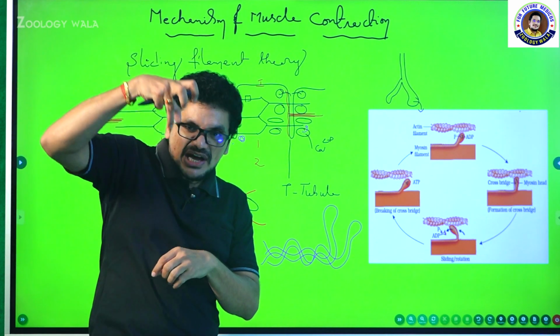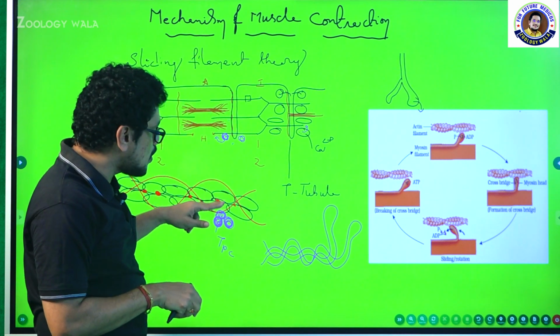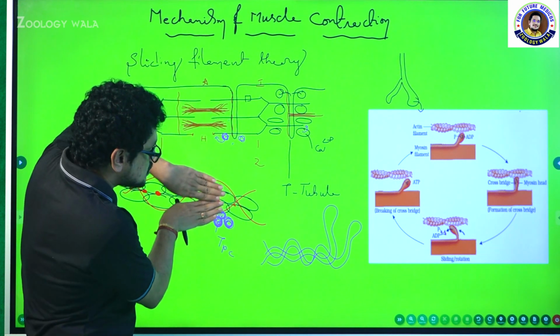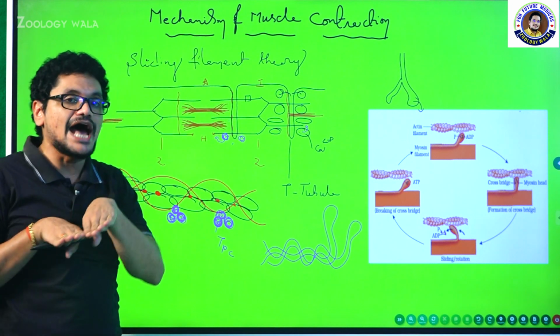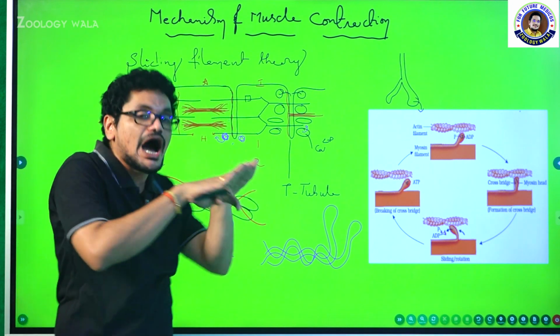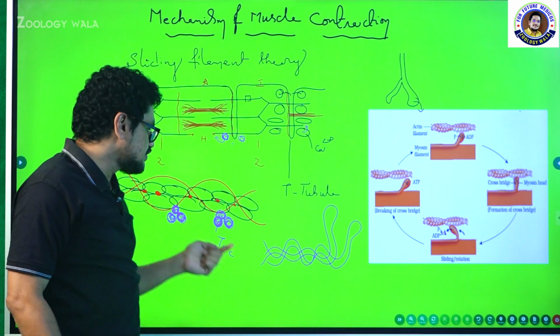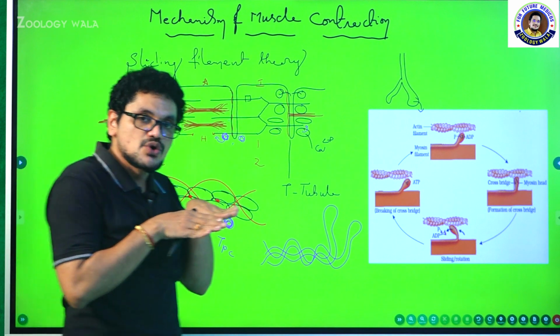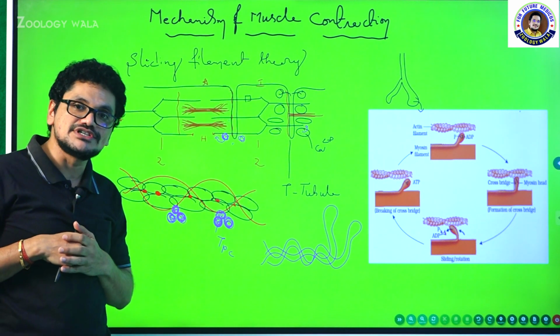So when calcium ions reach the TnC, the tropomyosin and troponin complex which is hiding, which is covering the active site, will now be unmasked. Who is going to unmask the active sites? Tropomyosin along with the subunit of troponin is going to unmask the active sites. Then only active sites are visible.